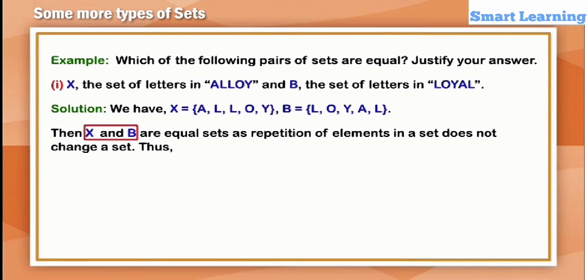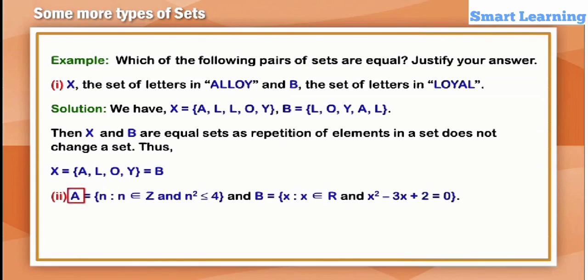Then A and B are equal sets, as repetition of elements in a set does not change a set. Thus, A is equal to {A, L, O, Y} is equal to B, as they have the same elements.